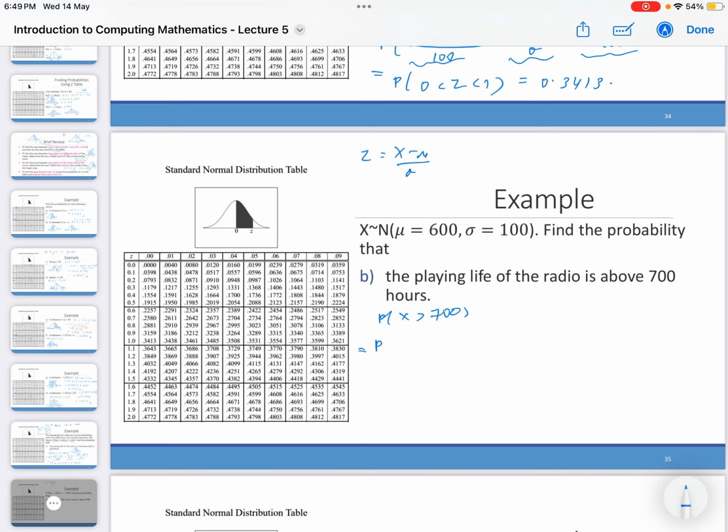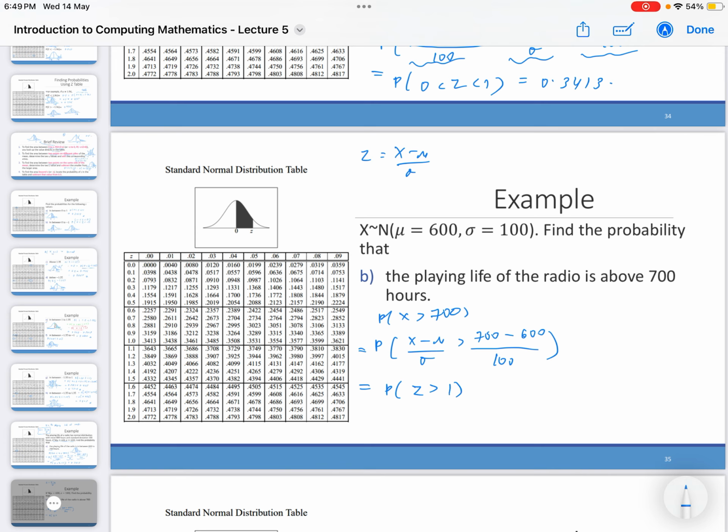So this equals the probability that X minus mean over standard deviation is greater than 700 minus the mean, which is 600, divided by the standard deviation, which is 100. So this equals the probability of Z greater than, when we calculate this, 1.